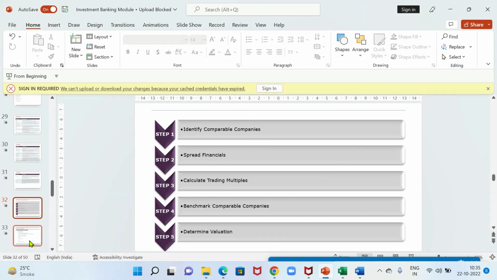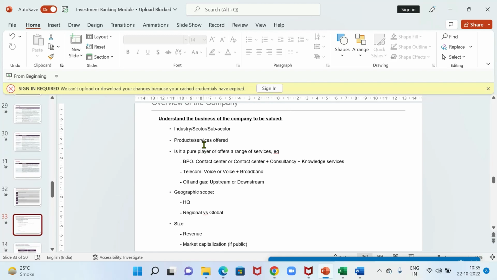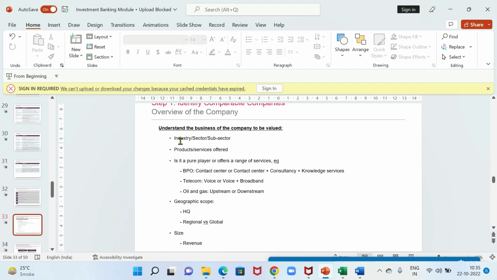Now let's get deep into understanding how we spread financials. To understand the business of the company to be valued, again, step one, understand the industry, sector, subsector, products, what are the various services offered. Is it a pure player or does it offer a range of services? Example, in BPO, business process outsourcing or knowledge process outsourcing, is this a contact center or a contact center plus consultancy plus knowledge service.